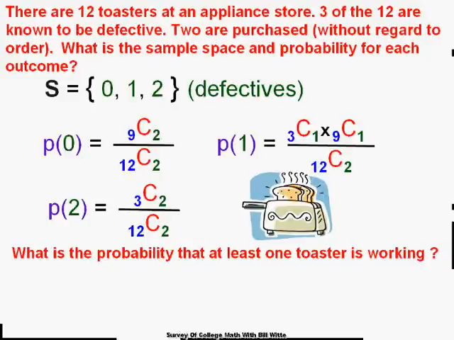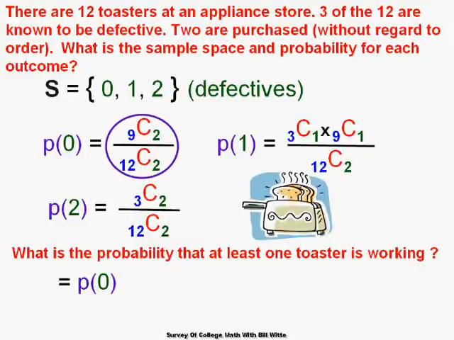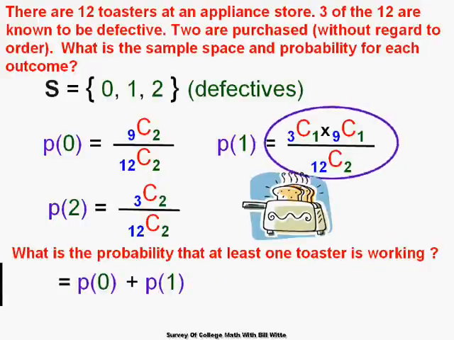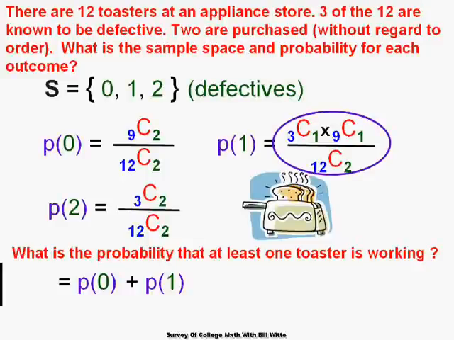Once again, let's start with a little bit more difficult problem. What is the probability of at least 1 toaster working? I can do it the hard way, by adding the number of no defectives to the number with 1 defective. That's an ugly one, isn't it?